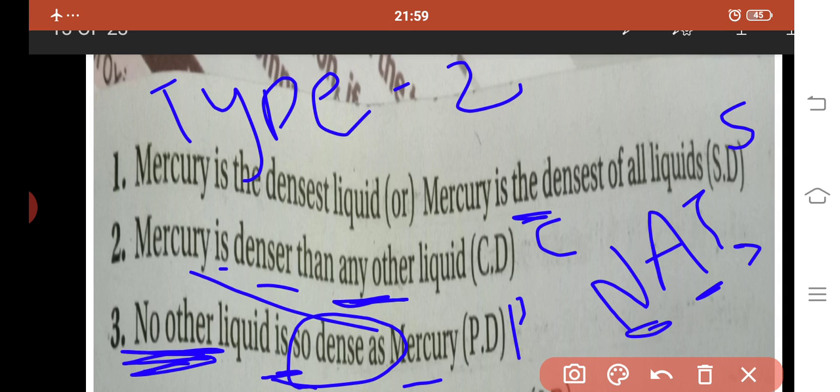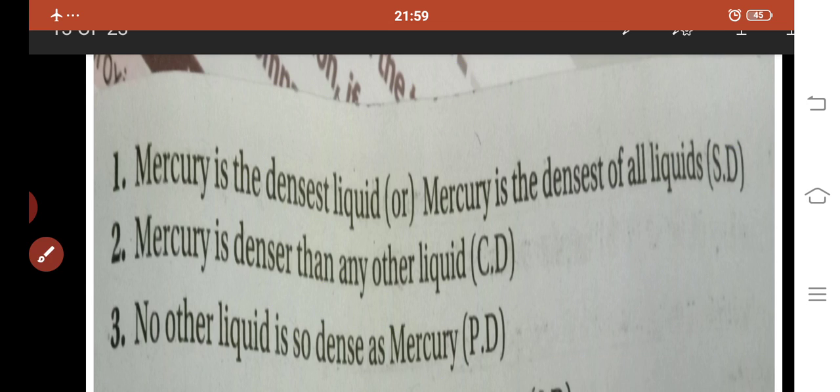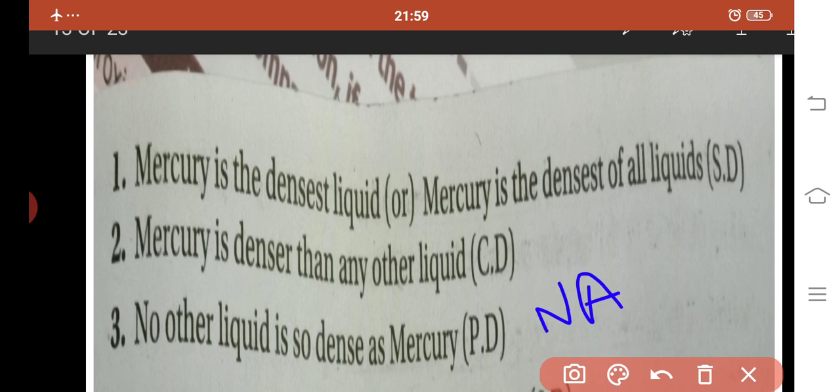In comparative form, than is the bodyguard. And this is the NAT method, so we are adding any other. Don't forget it. Put this word any other there.